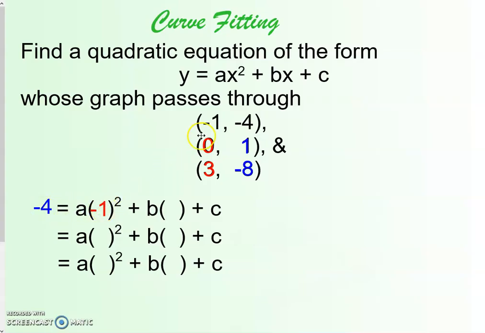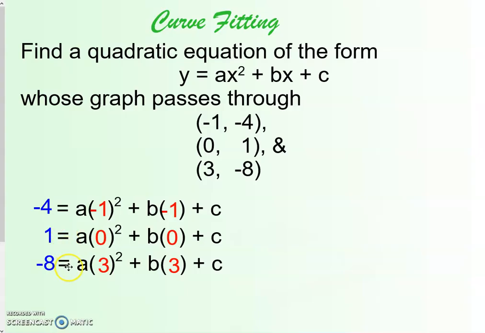When y is -4, I know x is -1, and you could just substitute it right in. I can take this x value of 0, and I can put it into my general equation up here for x. I could put its corresponding y there. I could do the same for this 3, and if you do that, you get 3 equations.